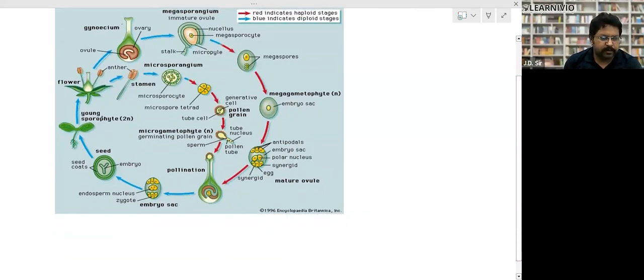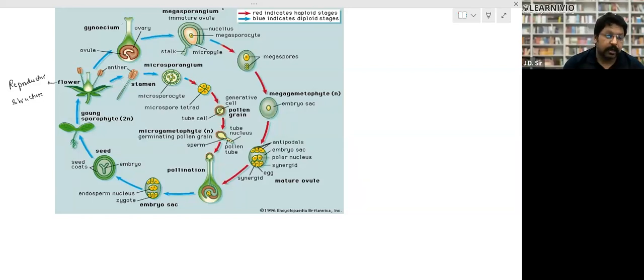This is a plant, a young sporophyte. Then flowering comes. So flowers are basically the sex organs, right? So flowers are basically reproductive structures. And there are two kinds of reproductive structure, male and female.